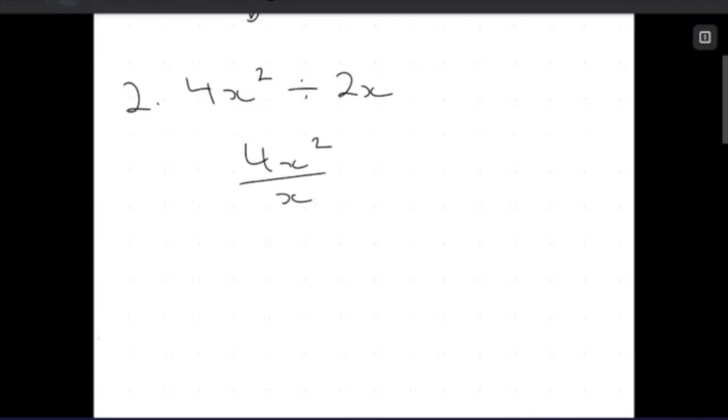Sorry, I forgot the 2 here. Now, we can see here, 2 goes into both the denominator and the numerator. So I can actually simplify these terms. Now 2 goes into 2 one time, 2 goes into 4 two times. So with any fractions, we can simplify numerator and denominator in this way.